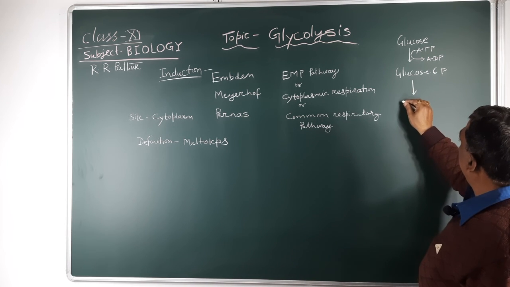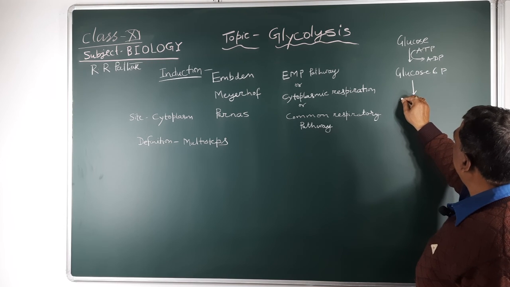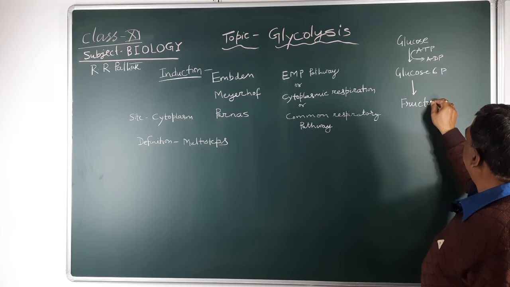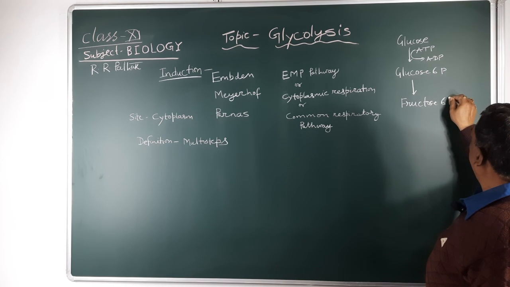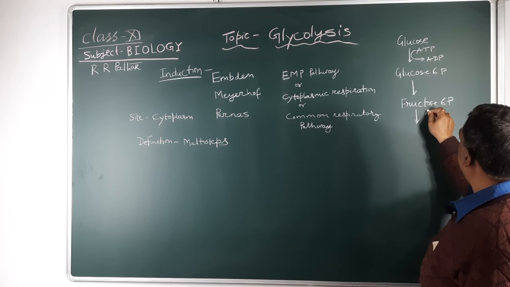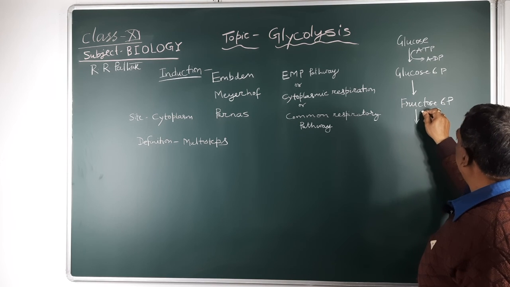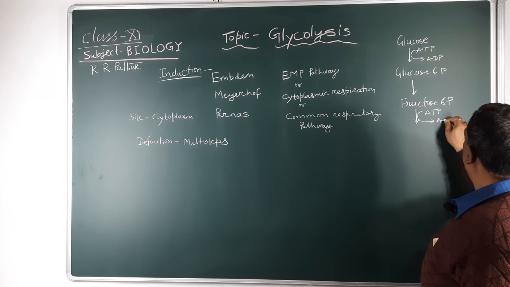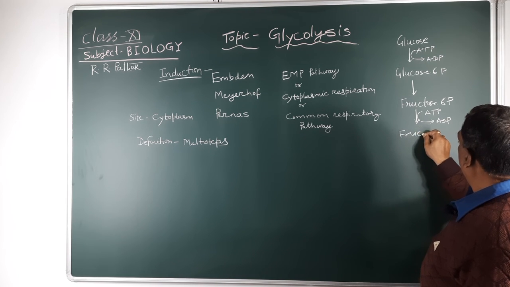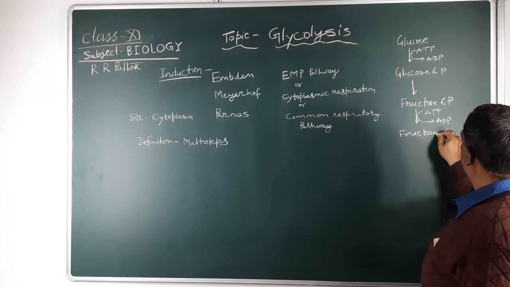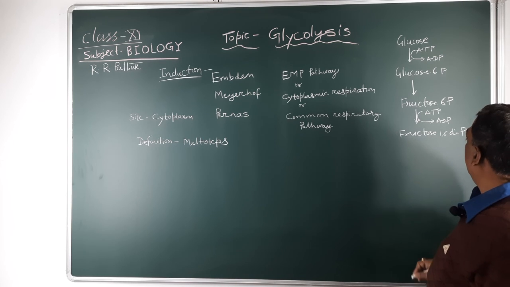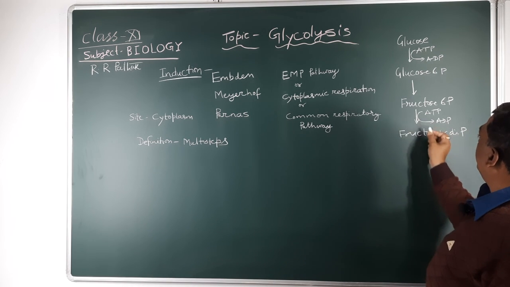Glucose 6-phosphate later on converted into fructose 6-phosphate. Fructose 6-phosphate further combined with ATP to form fructose 1,6 diphosphate, in presence of enzyme phosphofructokinase.